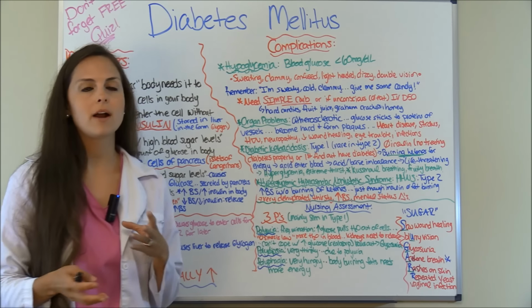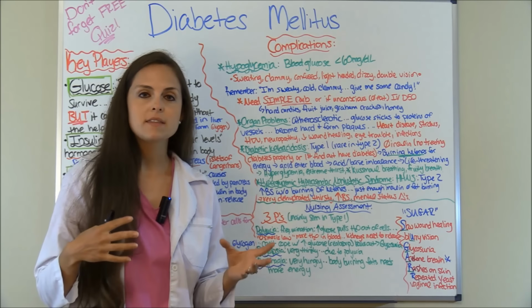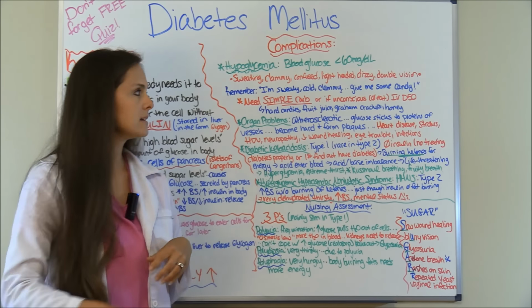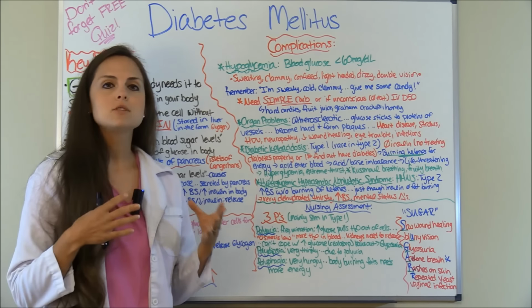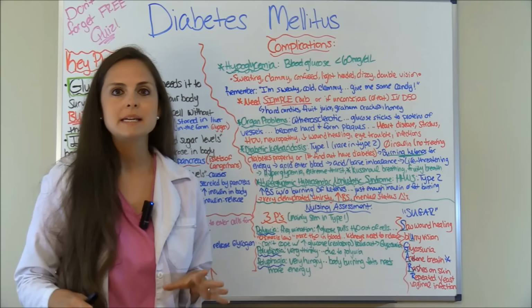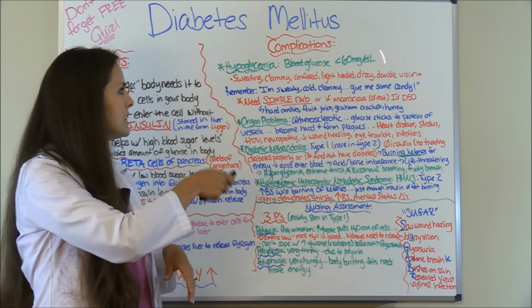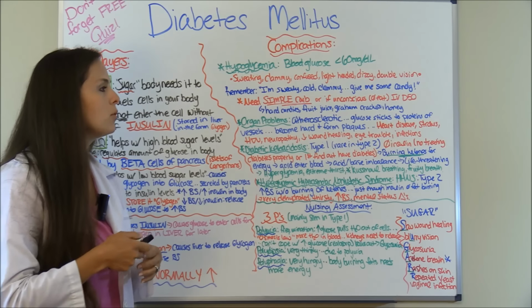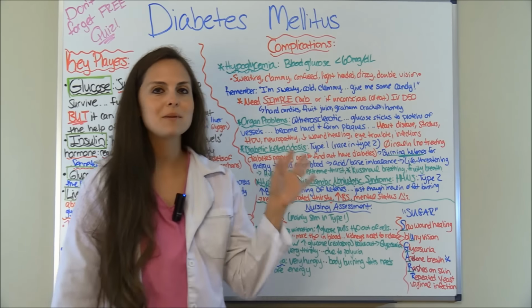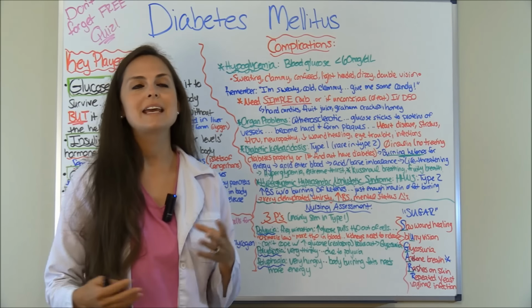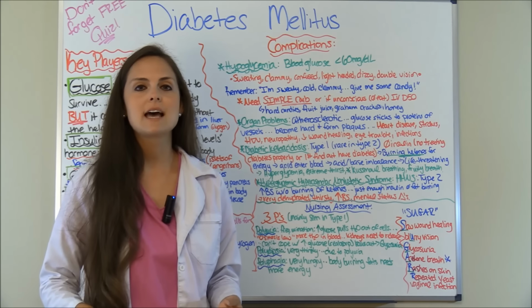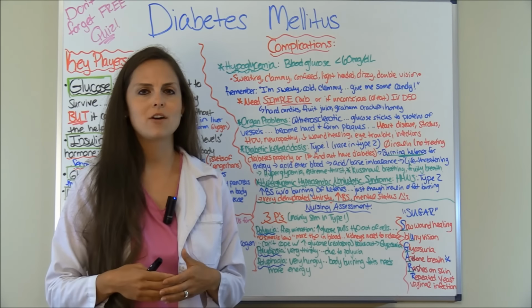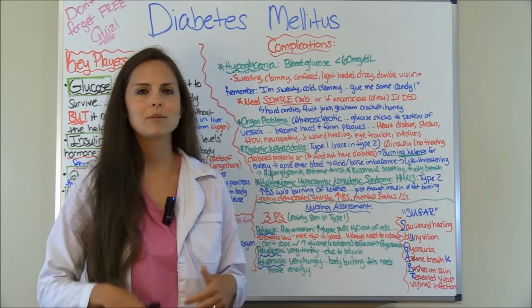Now, to help you remember how to treat someone with hypoglycemia, because you want to treat it fast, remember this saying: I'm sweaty, cold, and clammy, give me some candy. So these patients who are having hypoglycemia need a simple carb. Remember that. I remember a test question from nursing school, and it gave us the glucose, and asked what would be a treatment, and the options were simple carb, complex carb, and listed all these things.